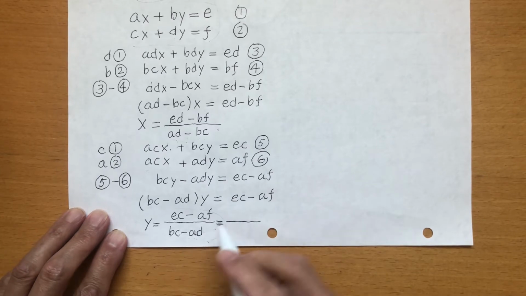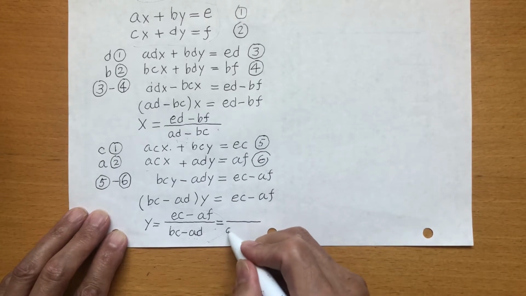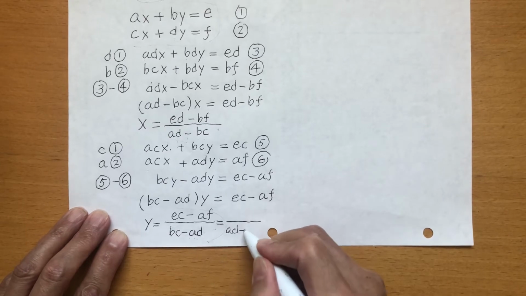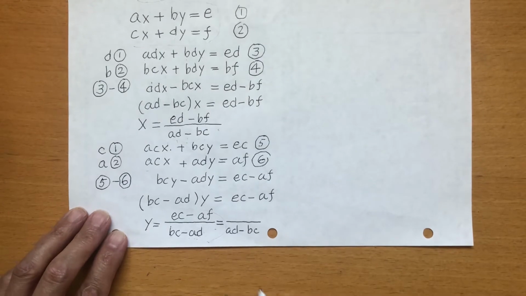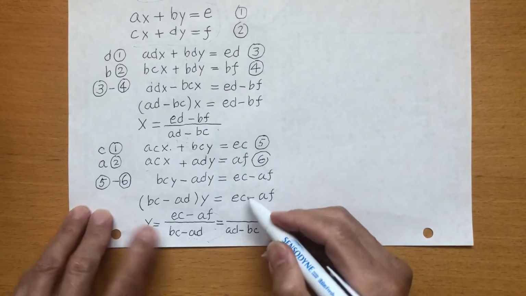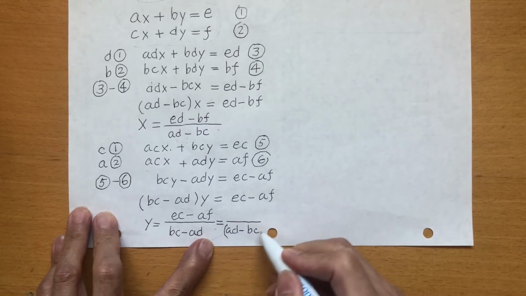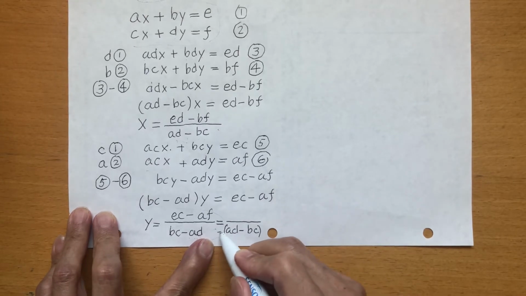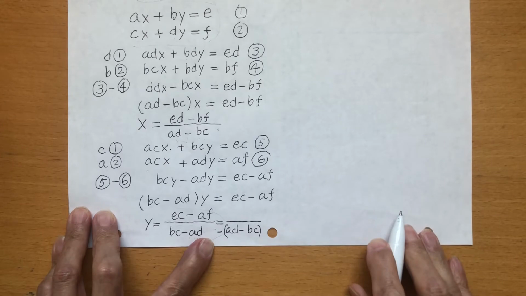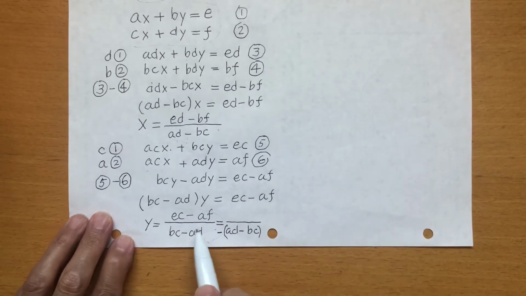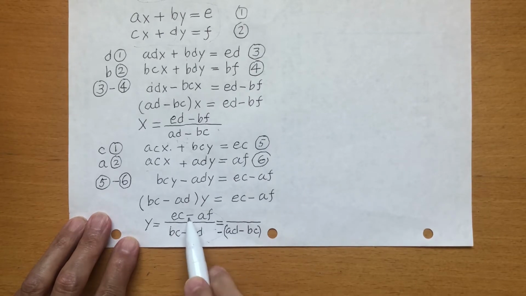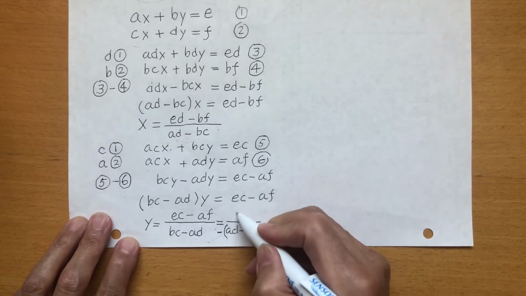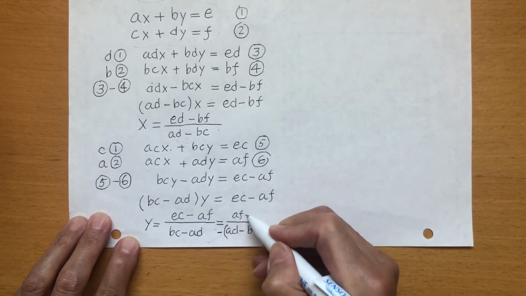I change the order, so I write AD minus BC. But I cannot do that, because if I do that, I get a negative sign. So I need a bracket and put a negative before it. Let me do the same thing on the top. I exchange the order here. I write AF minus EC.